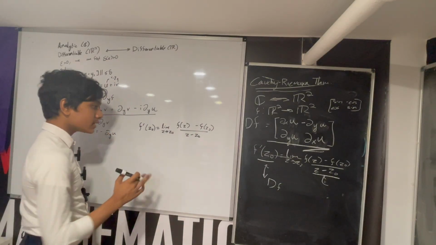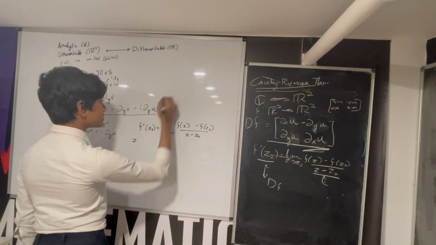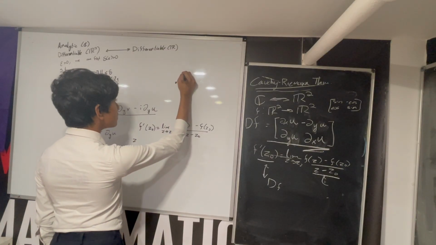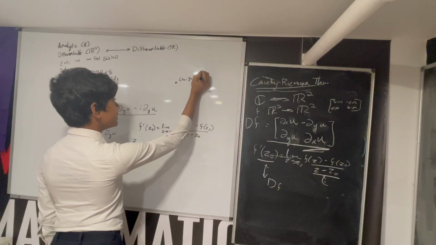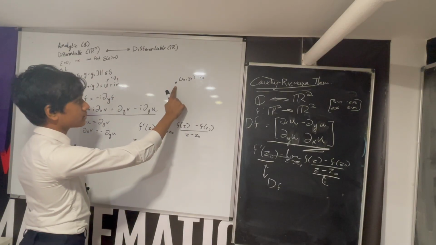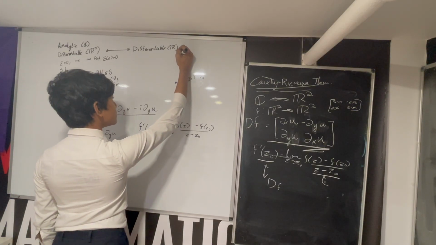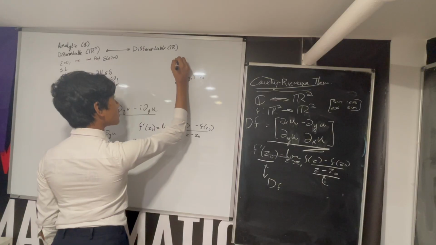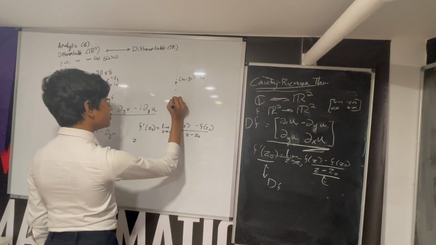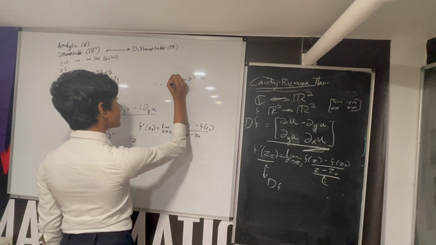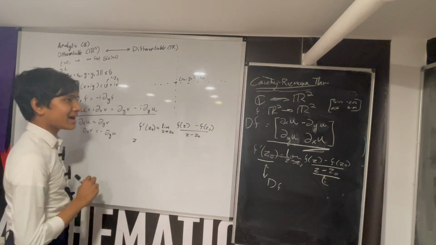Now, I'm going to take z such that, let's say x naught, y naught is this point on the complex plane. So then we're going to go in two axes, along the real axis and imaginary axis.